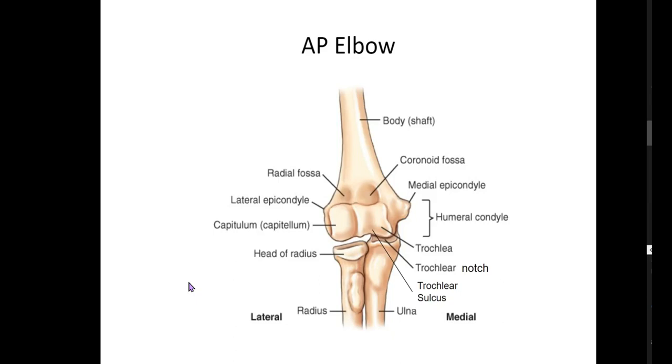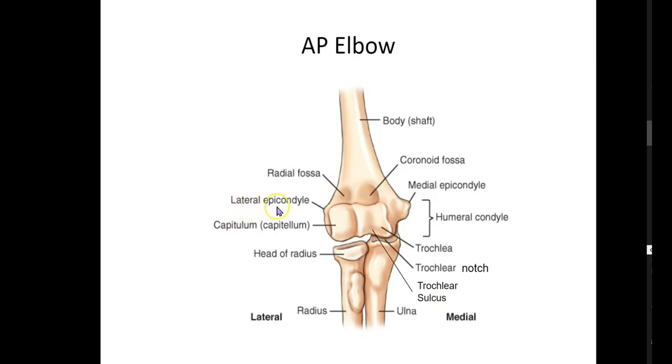Okay, next, let's look at the epicondyles. Epi means above. So remember, the rounded projection at the distal end of the humerus, this whole thing is the condyle. And then you have two projections, which also are condyles. They stick out, they're bumps on the bone, but they are above the humeral condyle, so we call them epicondyles.